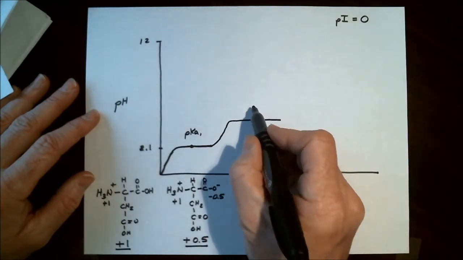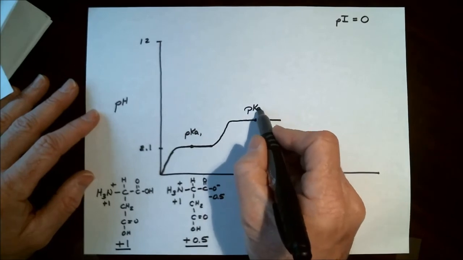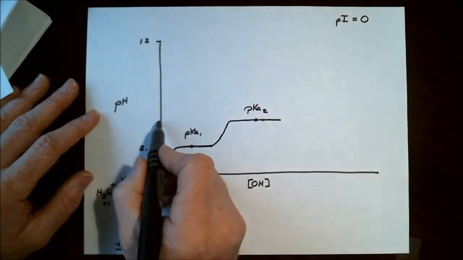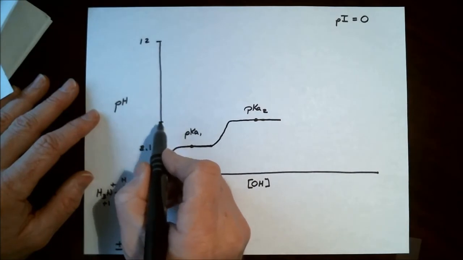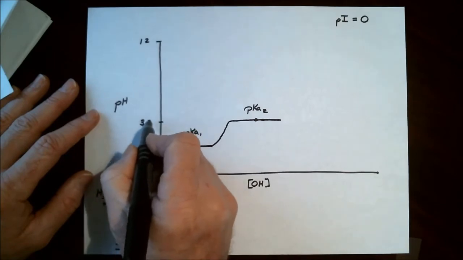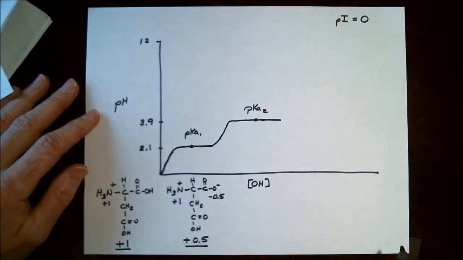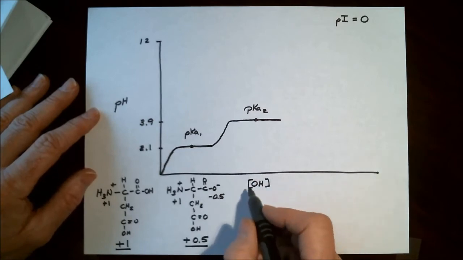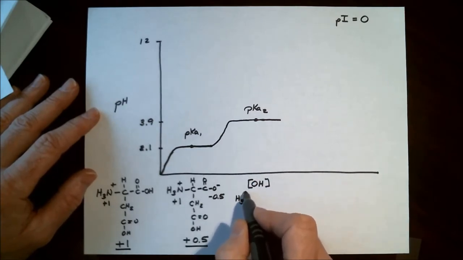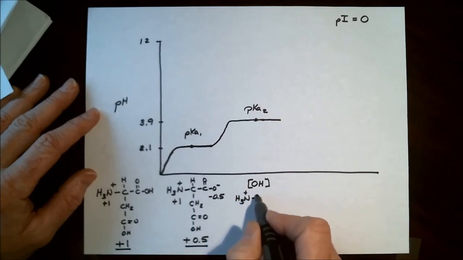This is termed pKa2. And for aspartic acid, the second pKa is at pH 3.9. Now at this particular pH, let's see what the structure of aspartic acid will look like.